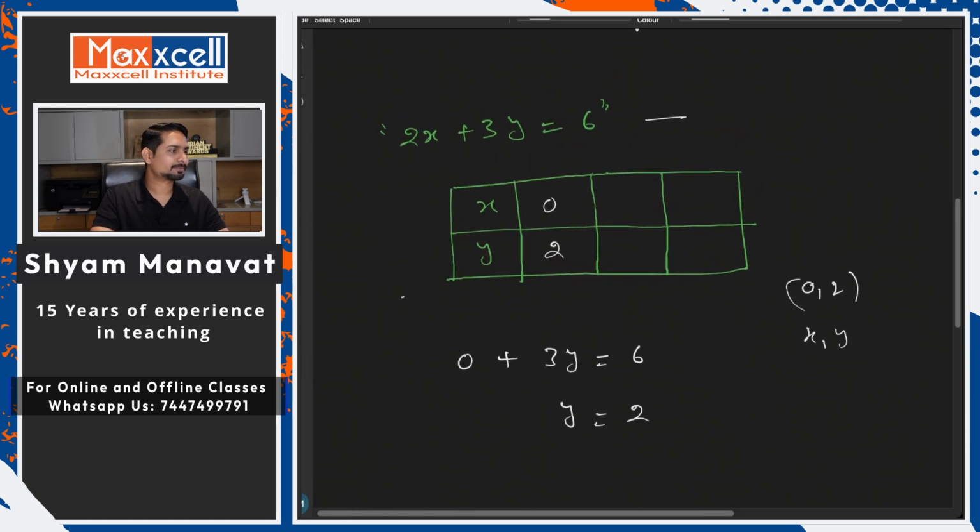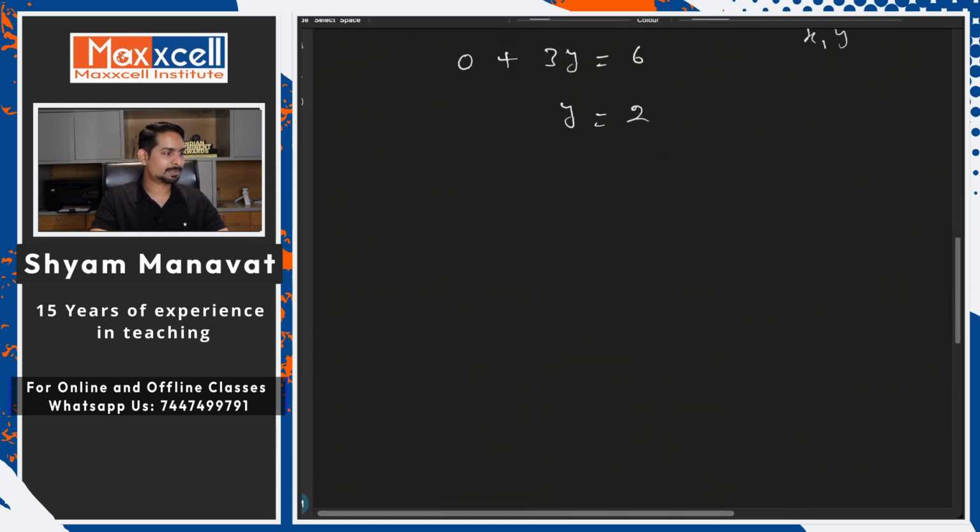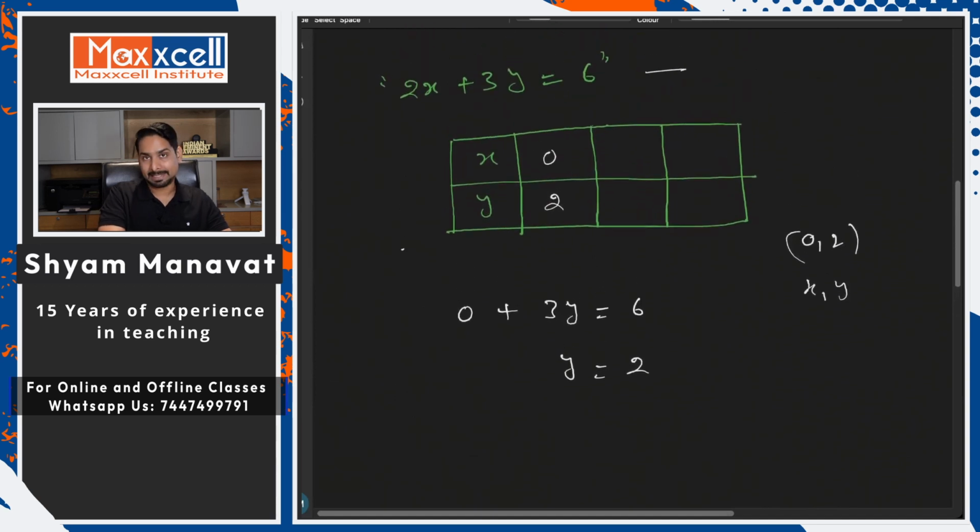Similarly, the easy way is this. Ideally you should substitute the values of x and accordingly get the value of y. The x, the horizontal axis on any graph, always represents the independent variable. New term, independent variable.